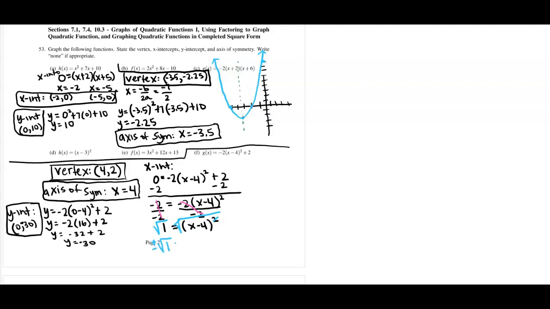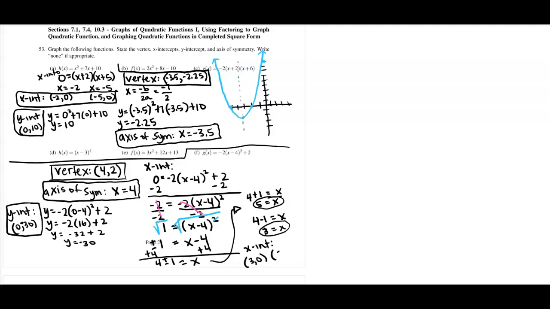Let me write this in, it just gets a little bit hard to see. So plus or minus 1, square root of 1 is just 1. And then we're going to have x minus 4 over here. And then to get x by itself, we need to add the 4 over.